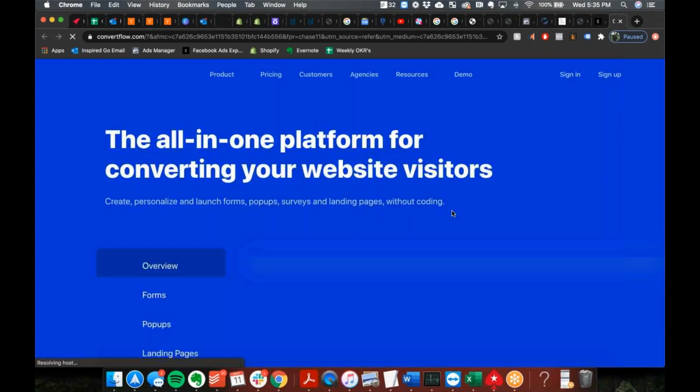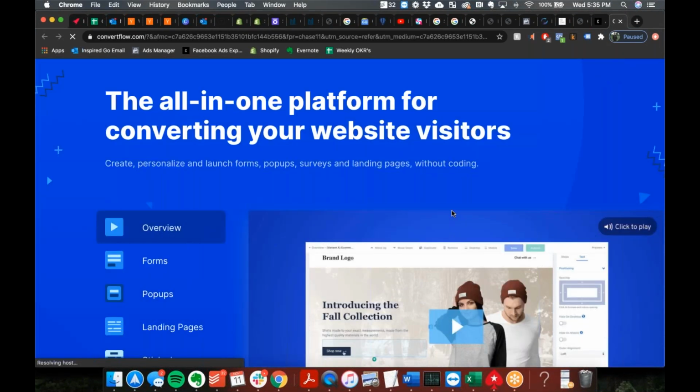Got it. That is a form, and you just build the exact same thing that you have. You're going to have to build it.